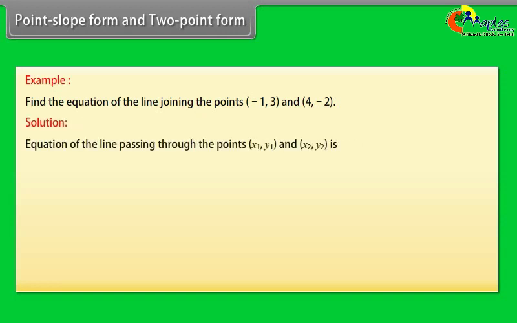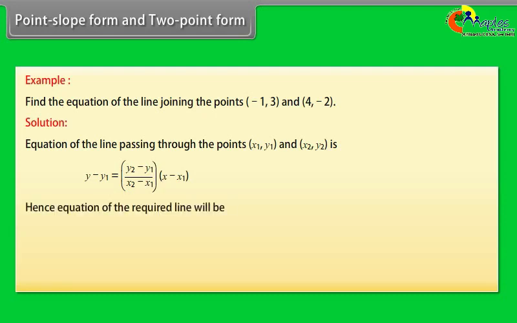Equation of the line passing through the points (x1, y1) and (x2, y2) is y minus y1 is equal to (y2 minus y1) by (x2 minus x1) into x minus x1. Hence, the equation of the required line will be x plus y minus 2 is equal to 0.